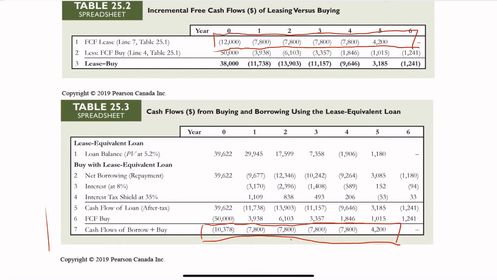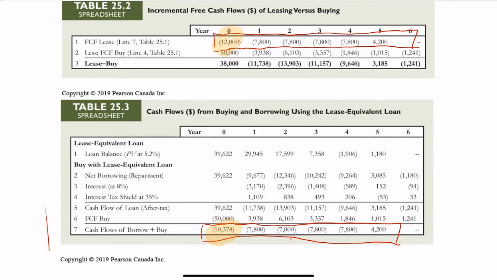For leasing, the firm's day zero cash flow is minus $12,000. But if the firm buys with the lease equivalent loan, the firm's day zero cash flow is minus $10,378. So what you can see here is, again, this difference.